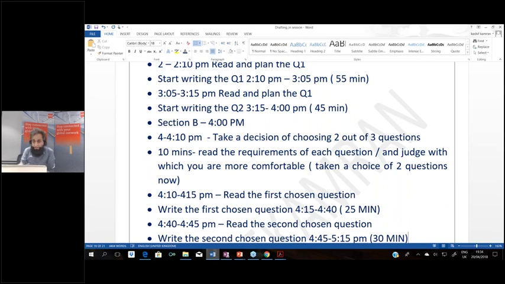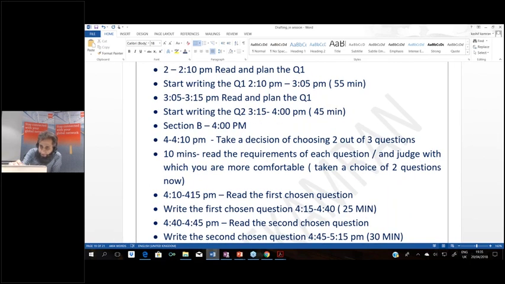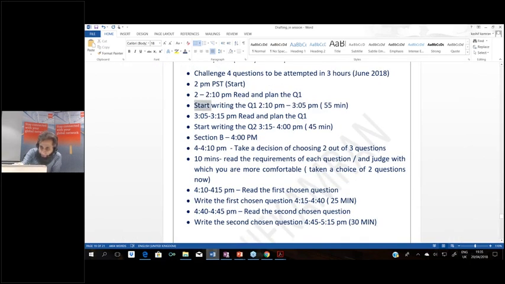Now see how much time I have put on reading and planning across the paper. I first put 10 minutes on reading and planning, right? Then another 10 minutes, 20 minutes. Then I went down, and put another 10 minutes, 30 minutes.